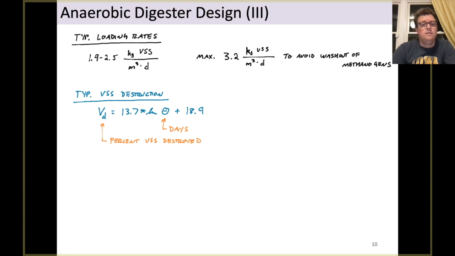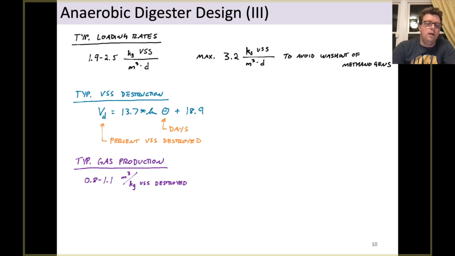That should get you the percent of volatile suspended solids that you'll actually destroy or process. And again, we saw this earlier, but just a reminder, for every kilogram of volatile suspended solids that we destroy, we're anticipating anywhere from about 0.8 to 1.1 cubic meters of gas getting produced. That's total amount of gas, and we saw early in this lecture how you could convert that to estimate methane or CO2 production.